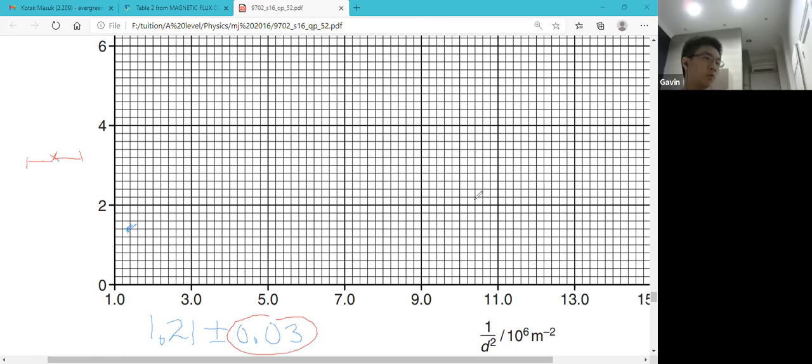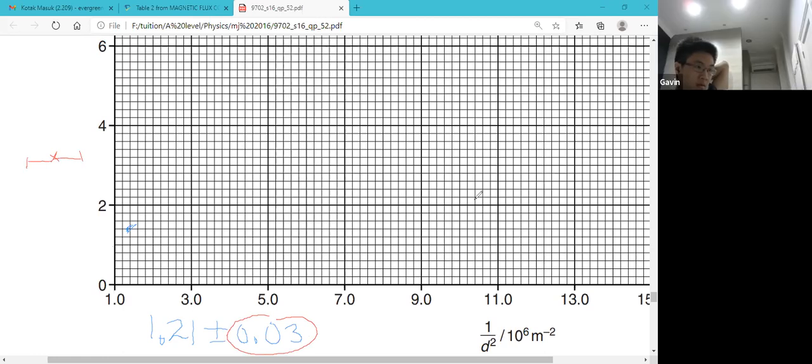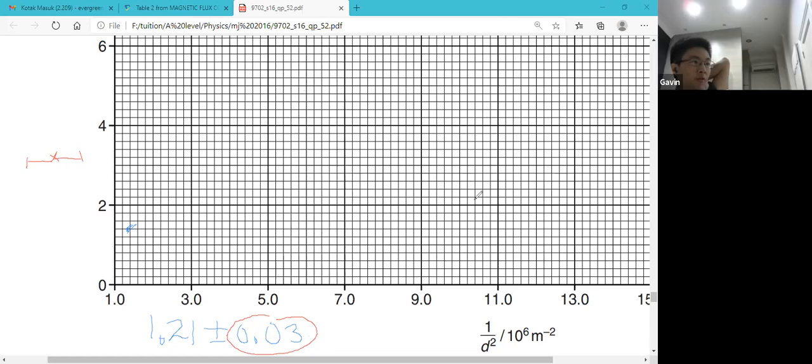Sir, but how do you write the 1.21? We cannot plot 1.21, so I have to be wise also. You still take it as 1.2. Okay, sir. But does that mean if it's like 1.23 or 1.24, do we round it to 1.25, then we just write it in the middle of the box? Or do we still round down?